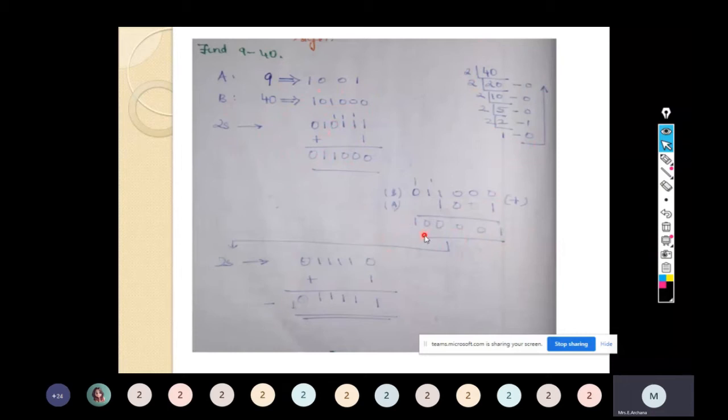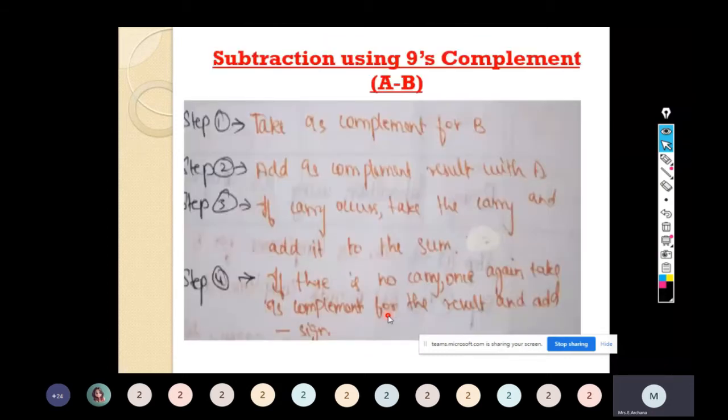If there is no carry, once again we have to take 2's complement for the obtained result. So for this result, take 1's complement, add 1 and put a negative sign. So the answer is 0111. So 0111 is the answer for 9 minus 40.